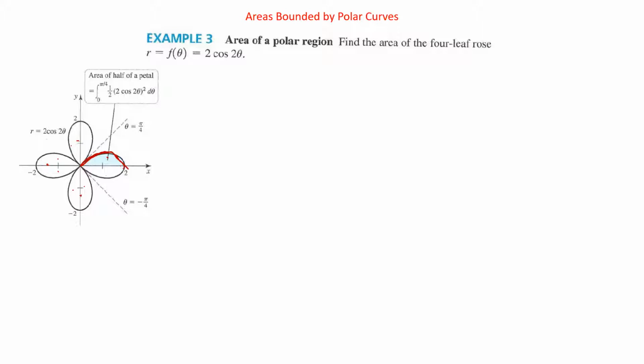So we're going to have the area, not the volume, area equals 8 times the antiderivative. We're going to go from 0 to pi over 4 of our f of theta squared. That's this 2 cosine of 2 theta squared d theta.